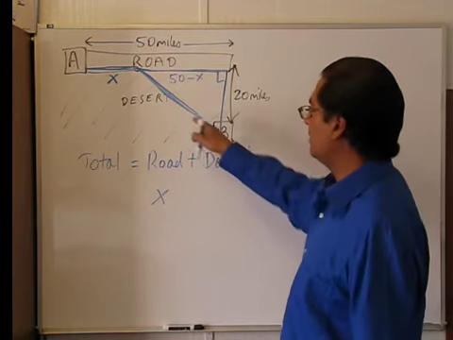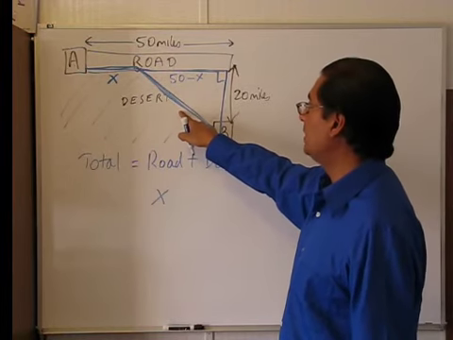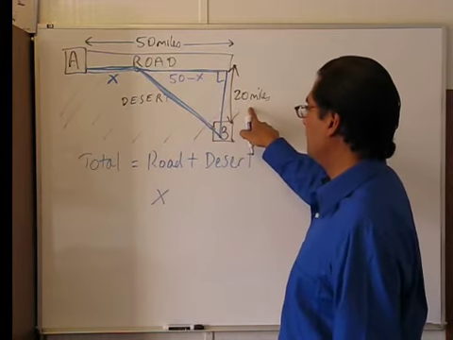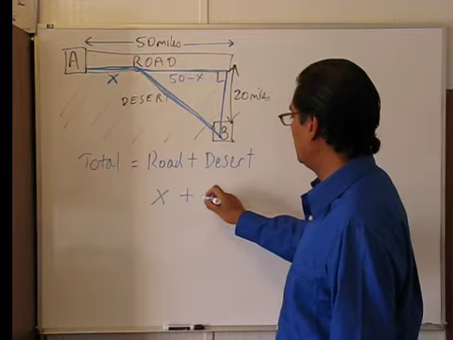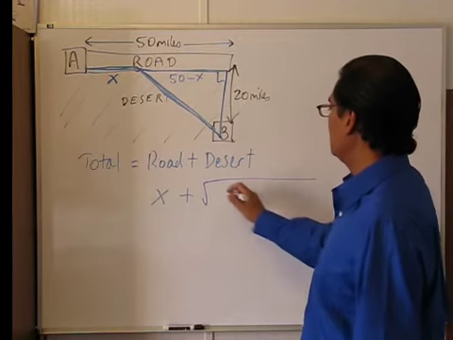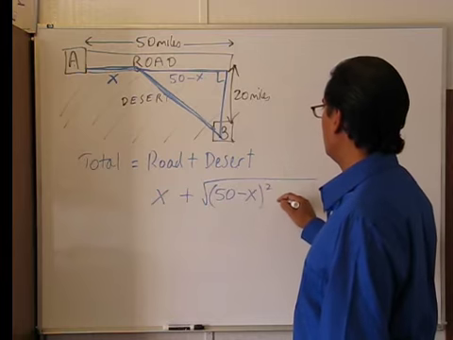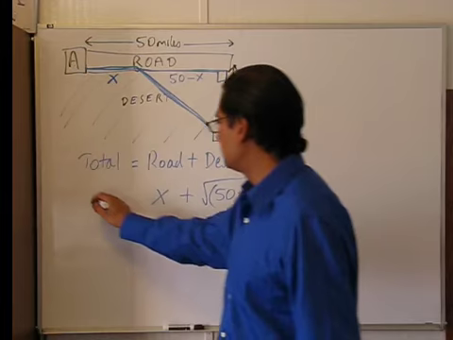So seeing that this is the hypotenuse of this triangle, this distance here is going to be the square root of this squared plus this squared. In other words, the distance across the desert will be the square root of (50 minus X) squared plus 20 squared.